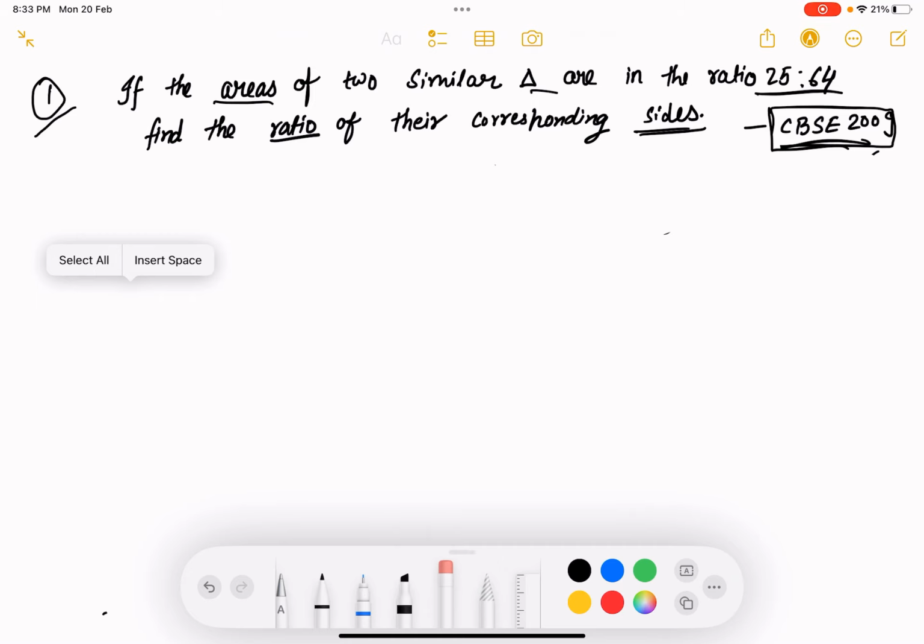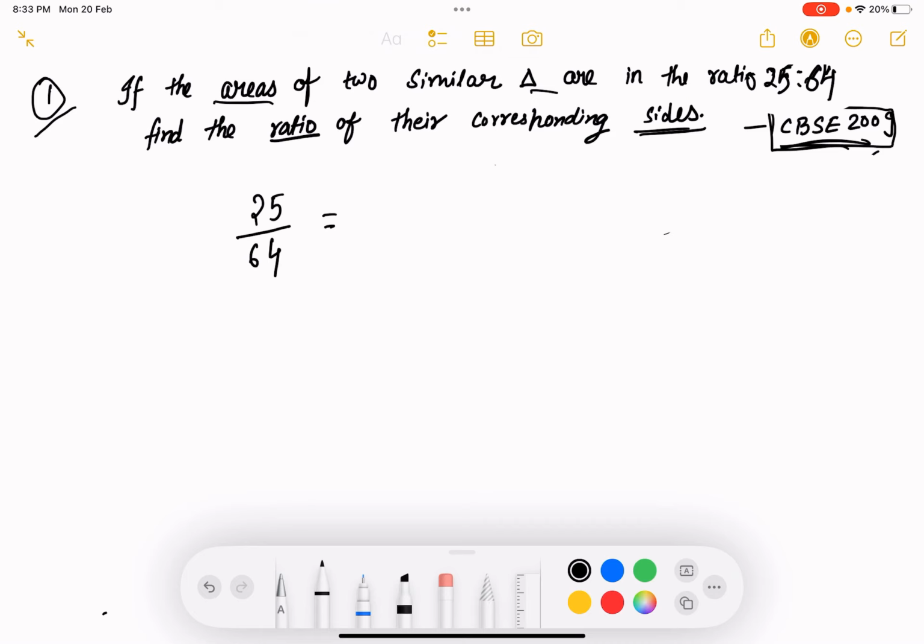In this question, the ratio of the areas of two similar triangles is given as 25 upon 64.